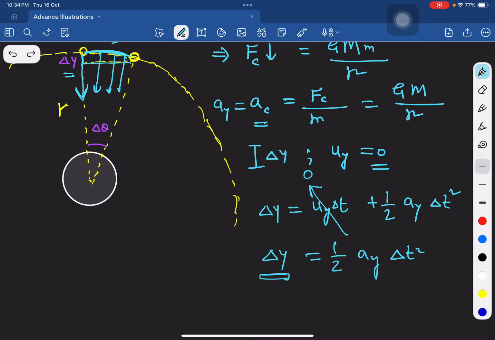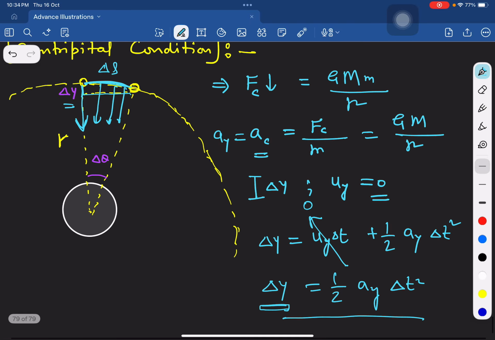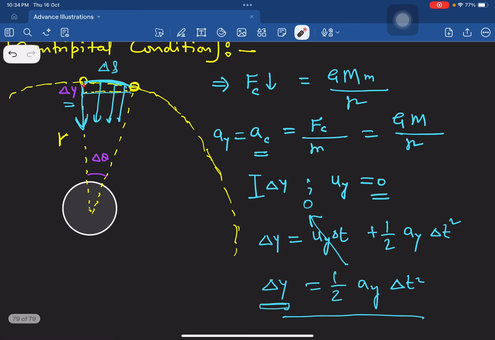Now if you think guys, this is r only, and this is also r only. So if you see this part, the delta y, if this is delta theta. Here if you see guys, this is a right angle triangle. So if this is r, this will be r cos theta.